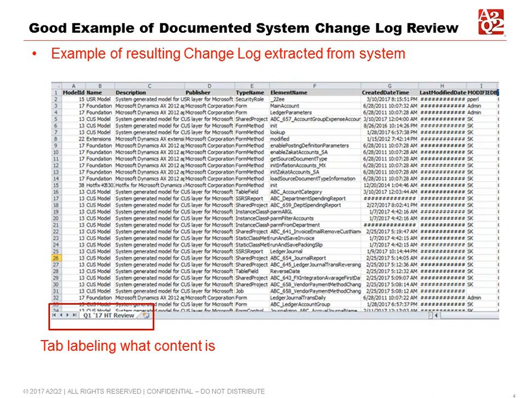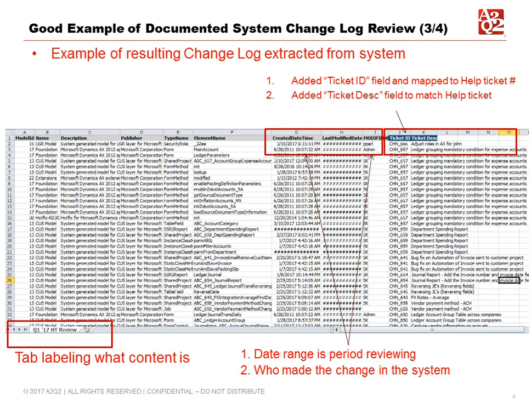Now, the next thing is that the person then added some additional fields so that they could actually do this review. The fields that they added were the ticket ID field, which they mapped to a help desk ticket, and they also added a field for ticket description.